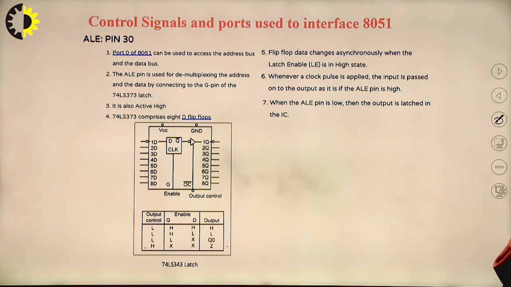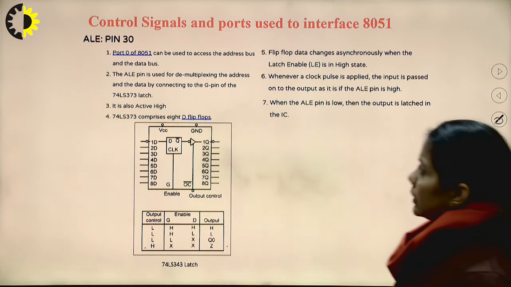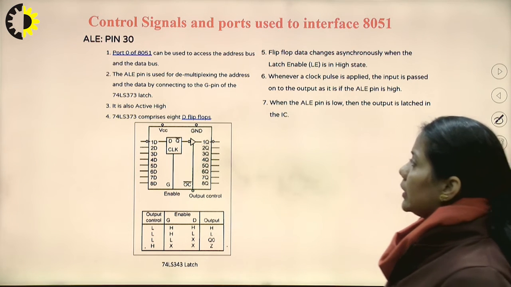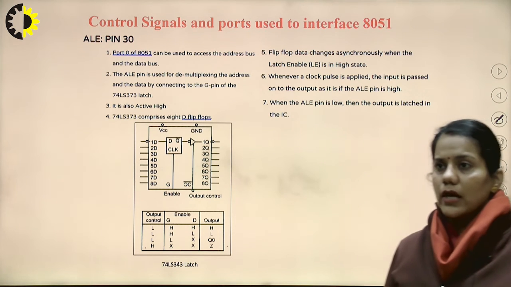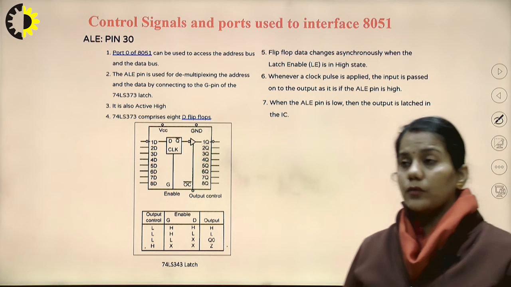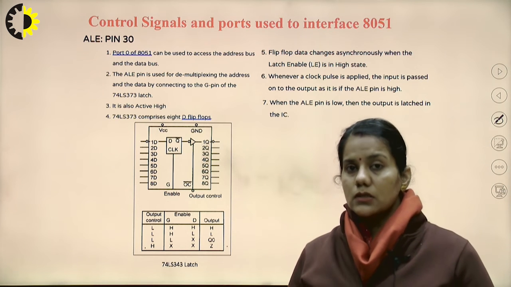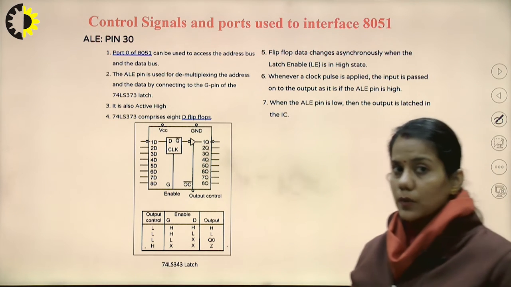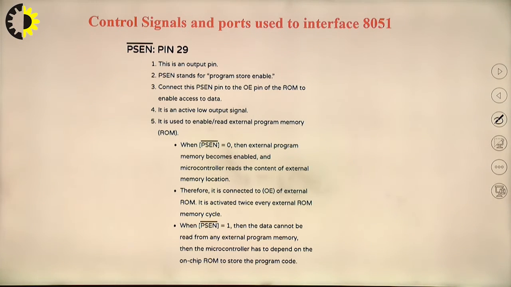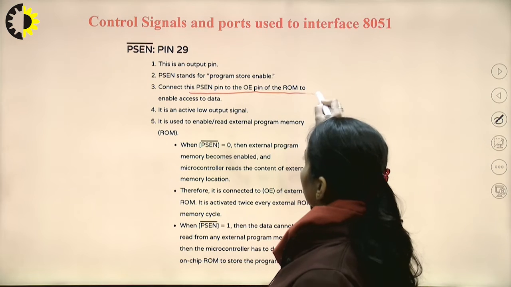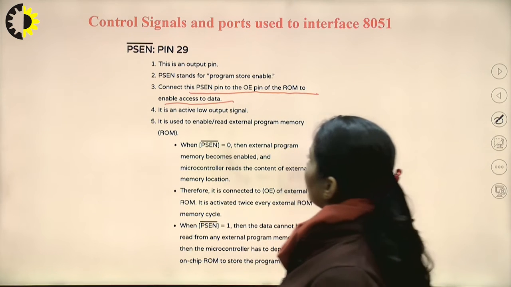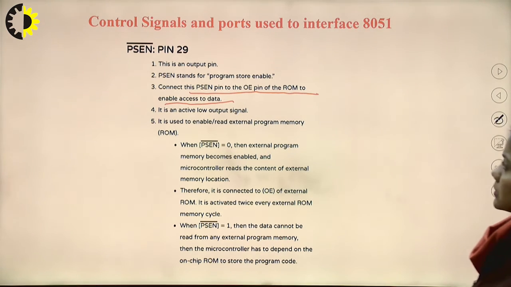So the various control signals and ports used to interface the 8051: pin number 30 is the ALE pin. As we all know, this pin is used to latch, that is, to demultiplex the address from the multiplexed address and data bus. PSEN is the program store enable. This pin is connected to the output enable pin of the ROM to enable access to the data.